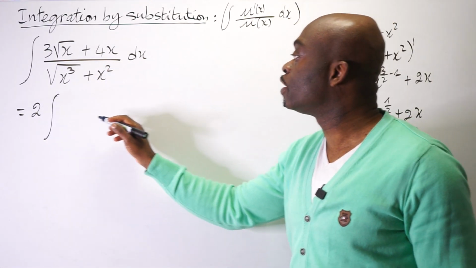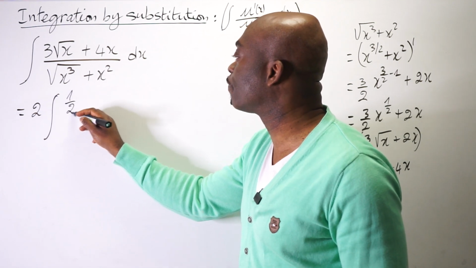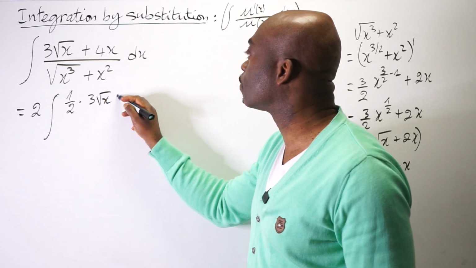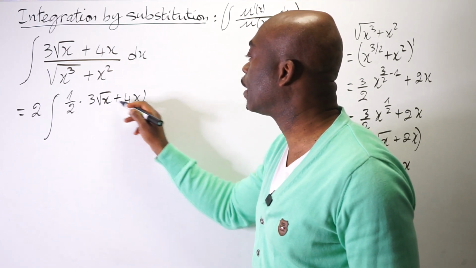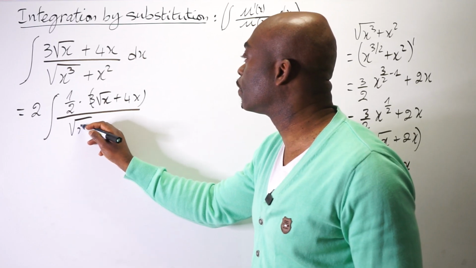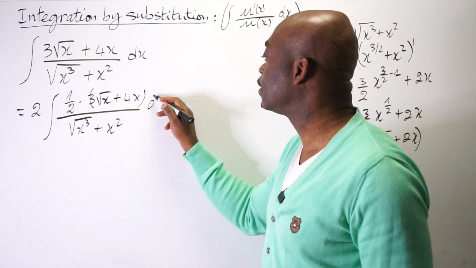So let's go for it. This one would then be 2 times the integral of half times (3 square root of x plus 4x), over the square root of x to the third power plus x to the second power, dx.